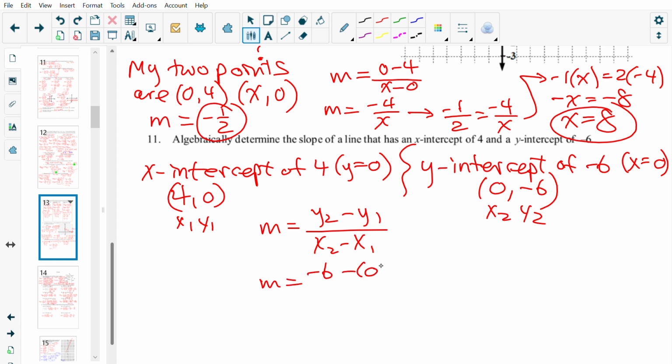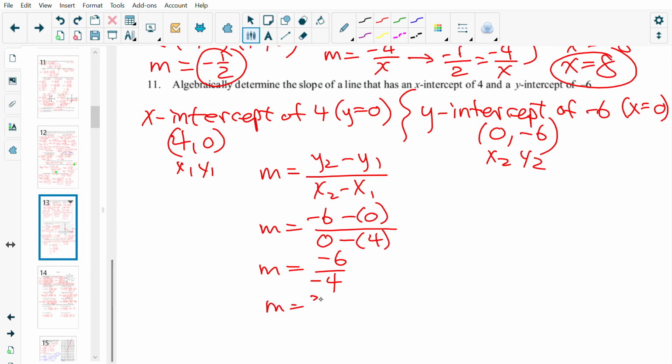So x1, y1, x2, y2. Negative 6 minus 0 over 0 minus 4. Negative 6 over negative 4, and then that slope is 3/2. Well, let's just take a look.